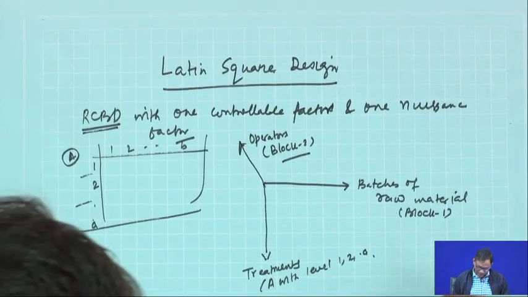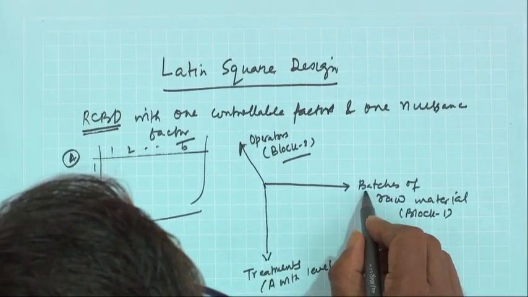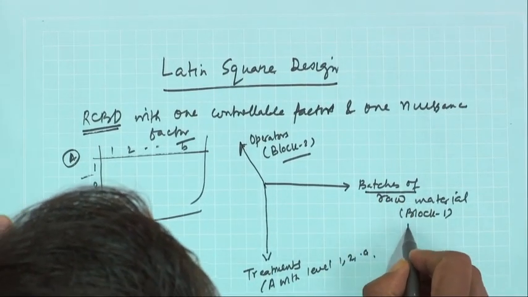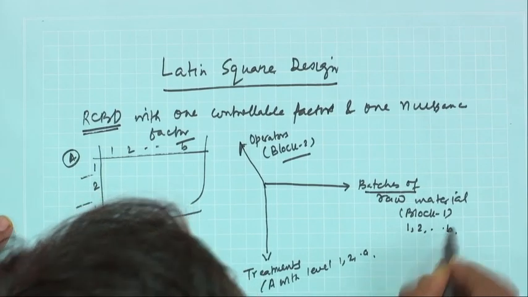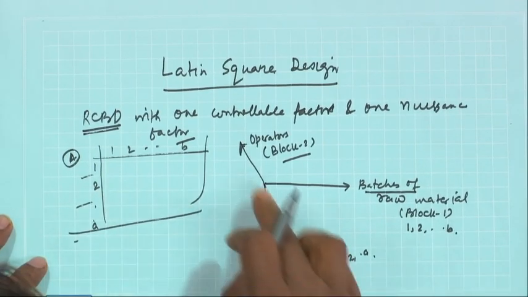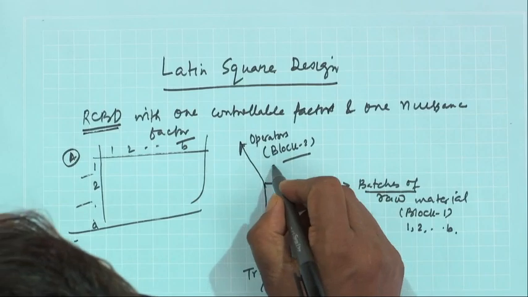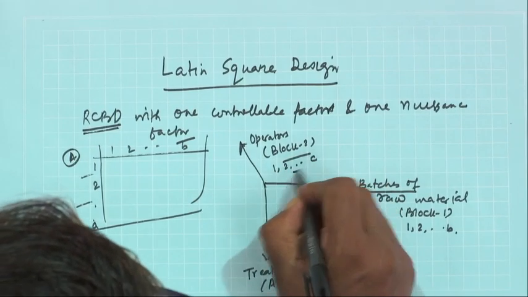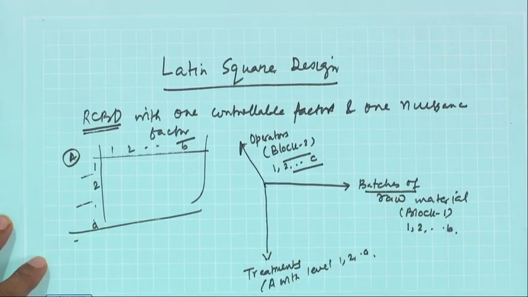So, these batches of raw material, let it be 1 to B, and operators also you can think of 1 to C.